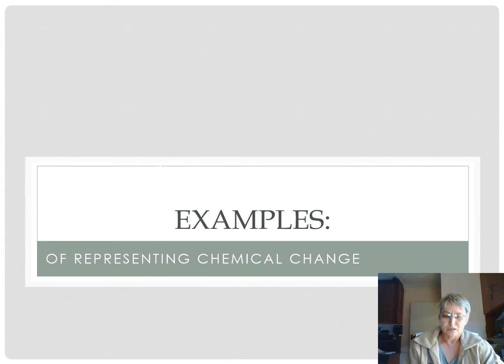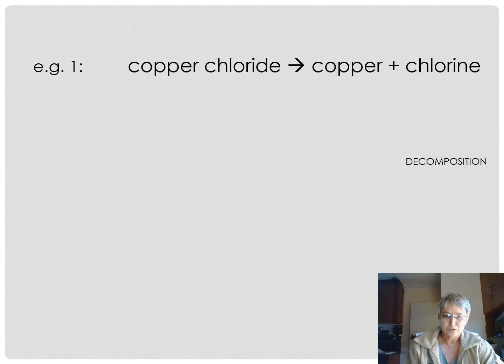So our examples, firstly, we are going to look at copper chloride going to copper and chlorine. Now, copper chloride is a combination of two elements where there are strong forces of attraction between copper and chlorine.